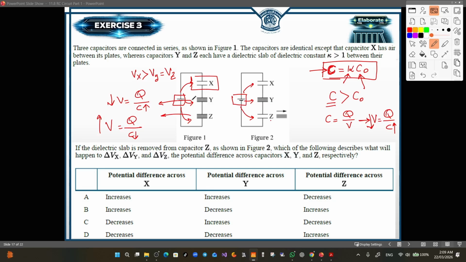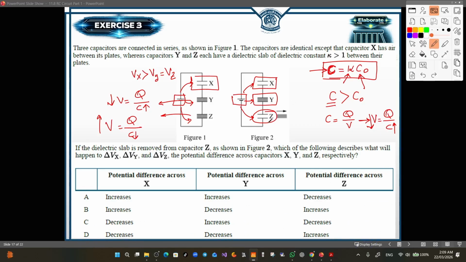Since we are dealing here with constant voltage, the potential difference across Z will increase in a way such that the potential differences across X and Y will decrease. That means the potential difference across X decreases, across Y decreases, but across Z increases.